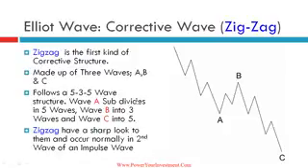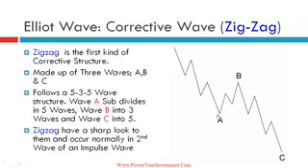The first type of corrective wave that we'll discuss is the zigzag. Zigzag primarily is made up of 3 waves: wave A, wave B and wave C. A zigzag subdivides into a 5-3-5 wave structure. What does that mean? That means wave A subdivides into 5 waves, that is wave 1, wave 2, wave 3, wave 4 and wave 5.